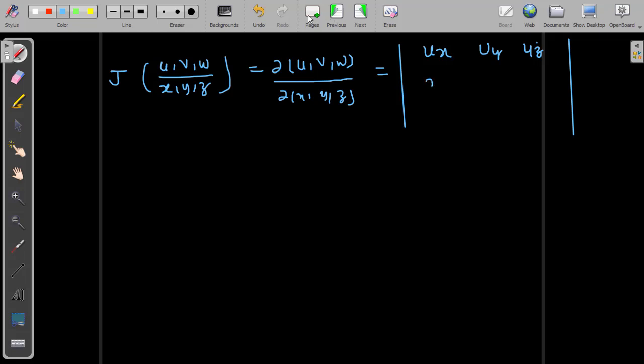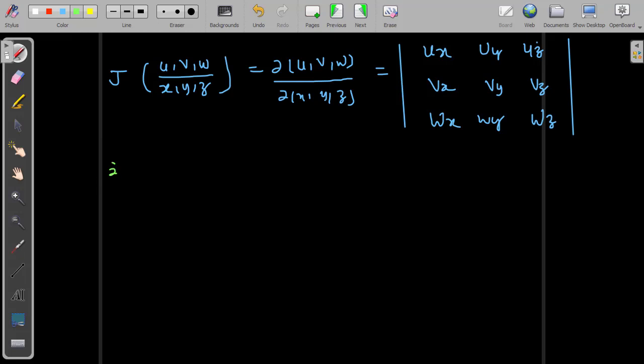The second row is vx, vy, vz. The third row has the partial derivatives wx, wy and wz. So there are 9 elements, a determinant of order 3 by 3. We can extend this for more than two functions.